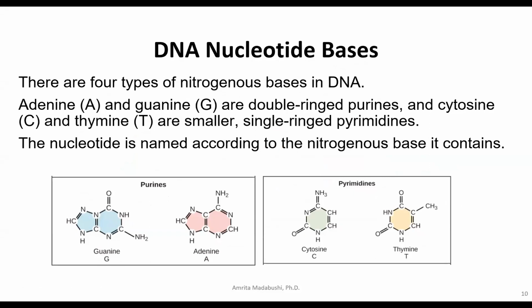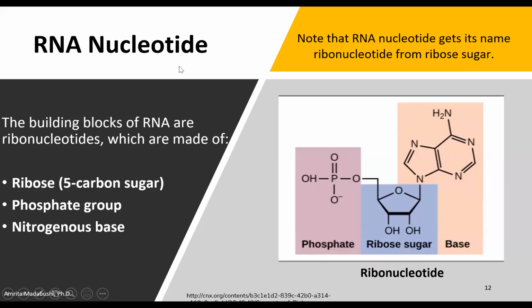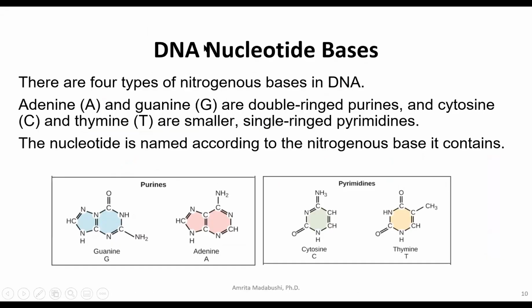Now, if you are seeing this for the first time, it may be a little overwhelming. So like I said, I'm going to give you a little trick to remember this. Look at that. This is CY, cytosine, and this is THY, thymine, and this is PY, pyrimidine.